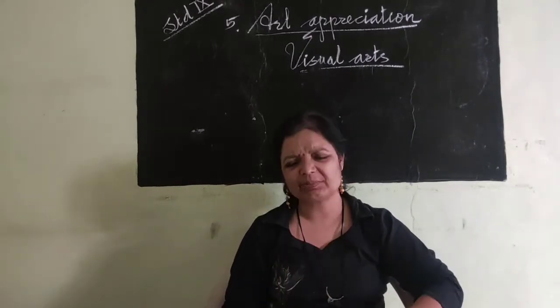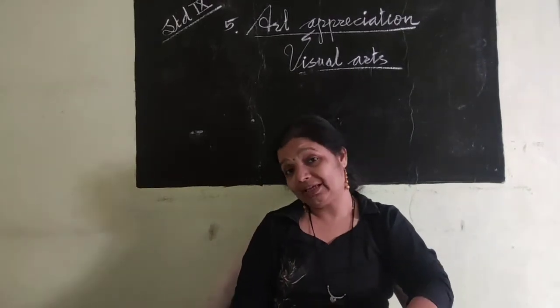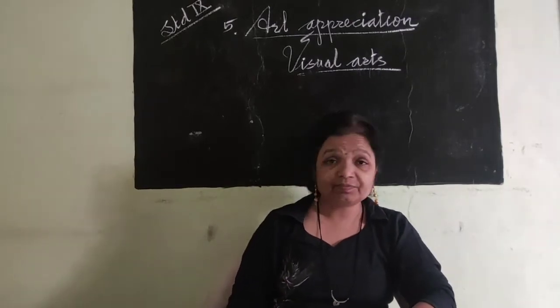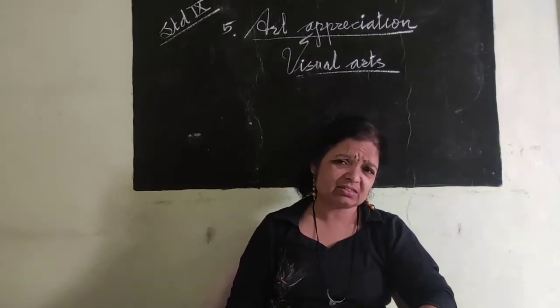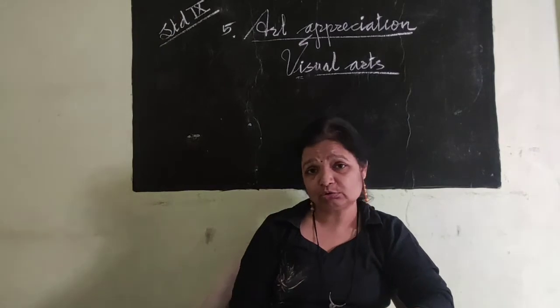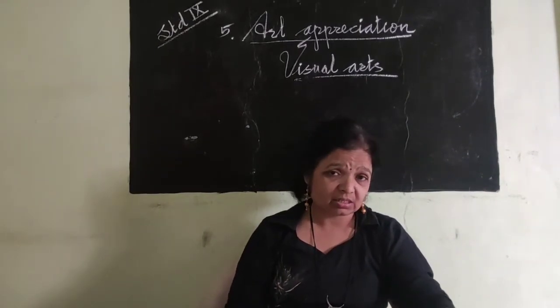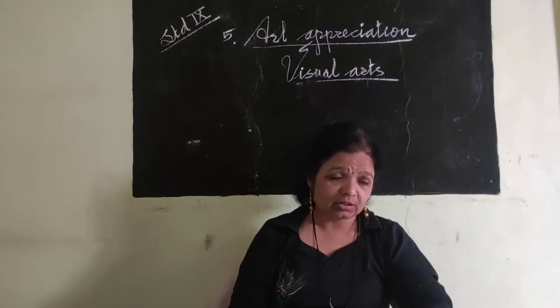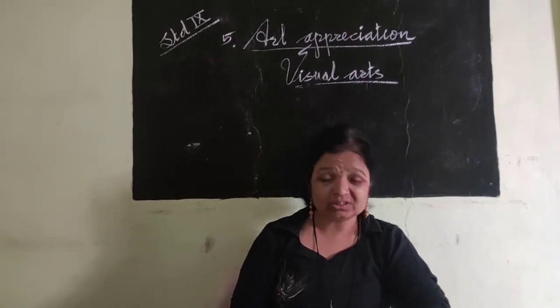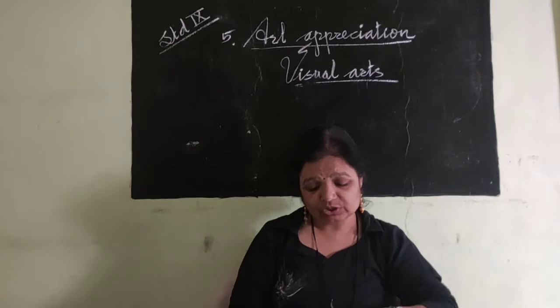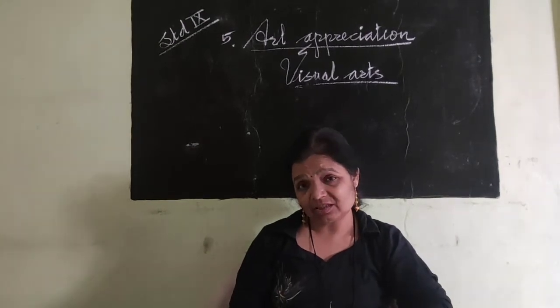Celebrated ones means famous again. We know them well. Their art pieces are very, very famous all over the world and in our country too. These are all celebrated, well-known persons. Not persons, we can call them artists. Okay, so which are they? Let's see, some examples are given here.